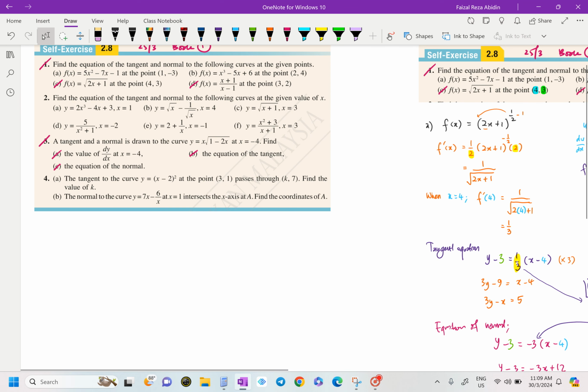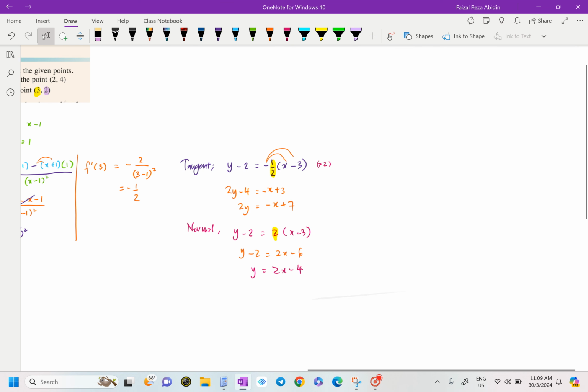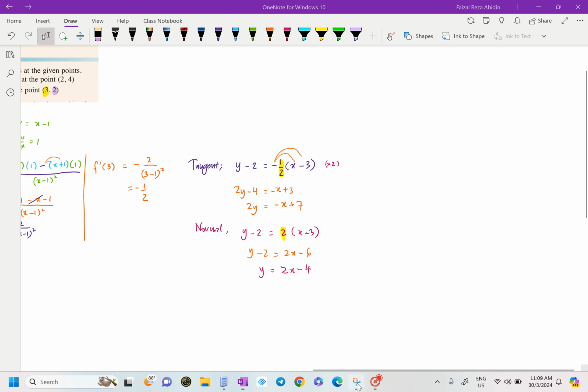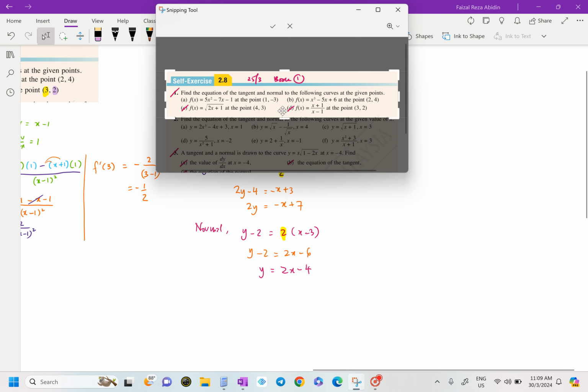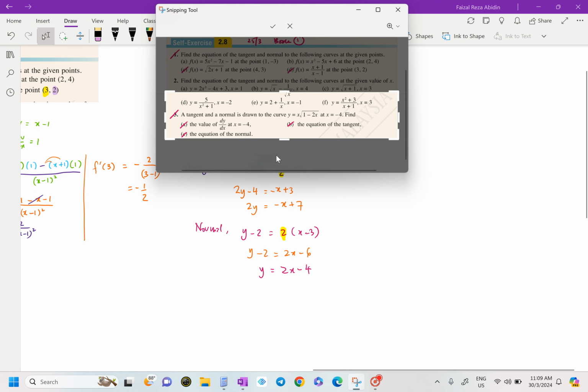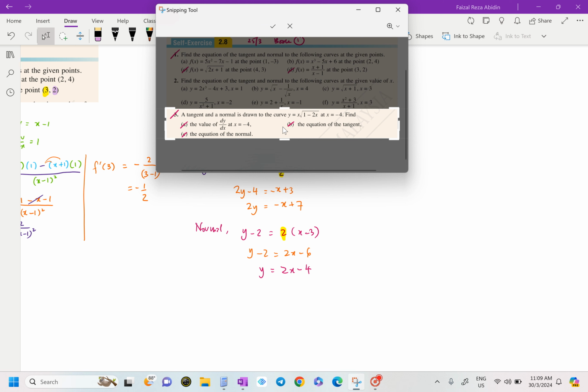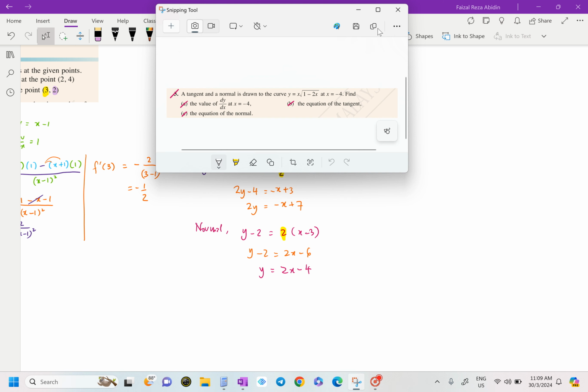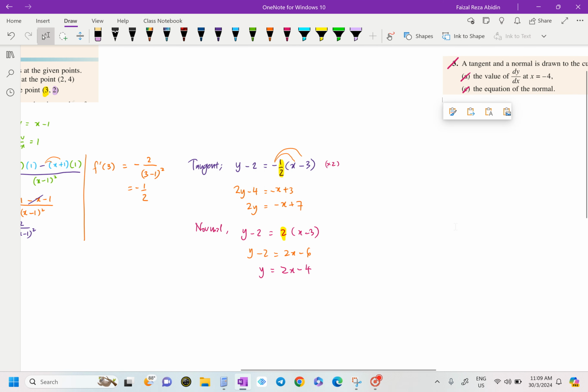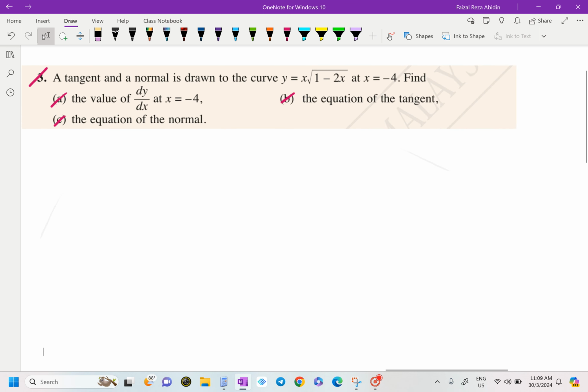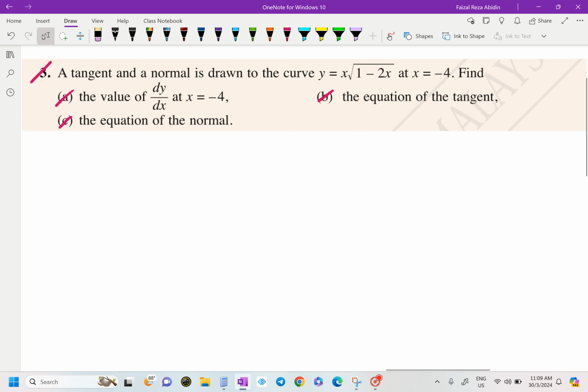Now I'm going to have my number 3. If you look over here, what did we have? A tangent and a normal is drawn to the curve y equals x square root of 1 minus 2x at x equals negative 4.